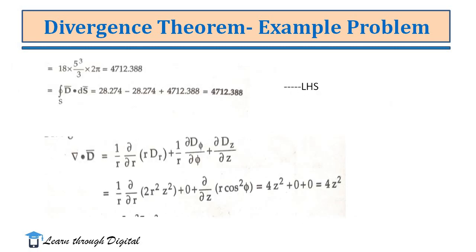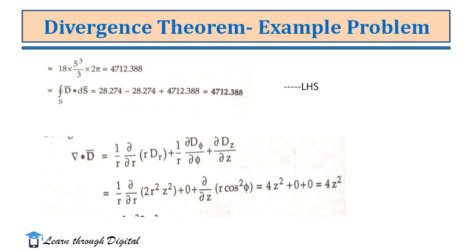Value is... here I am substituting the values for top, bottom and side surface. I will get the answer 4712.388. This is the value for the surface integral of D vector dot dS vector.